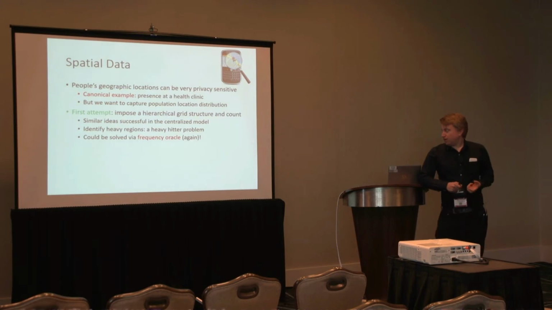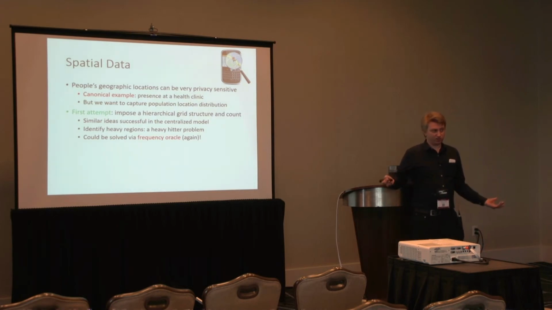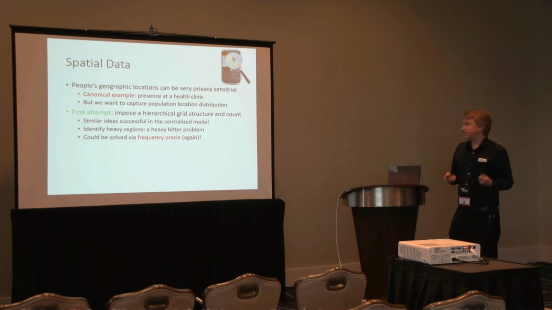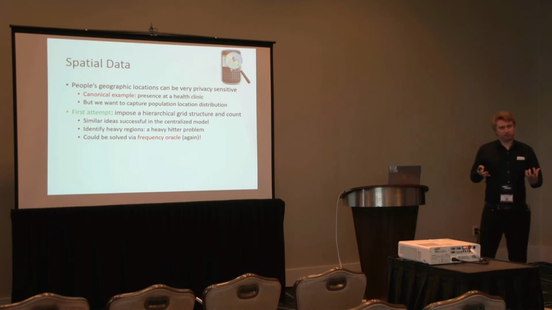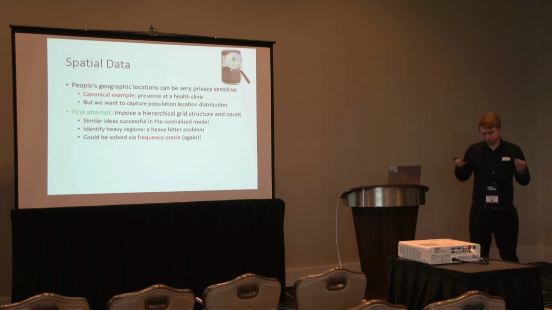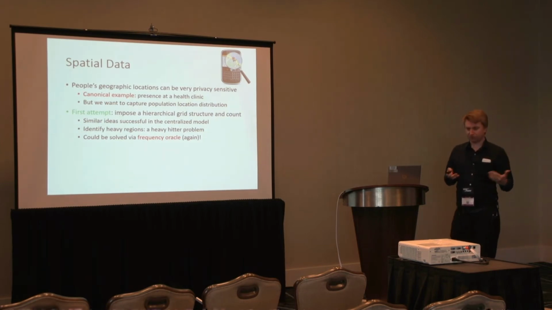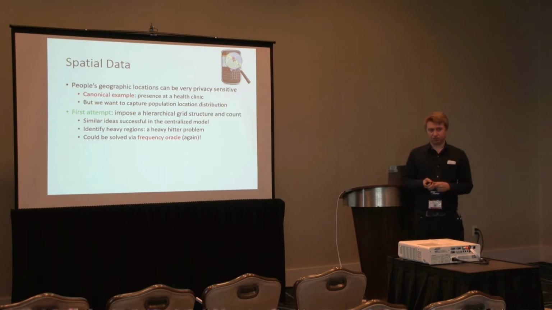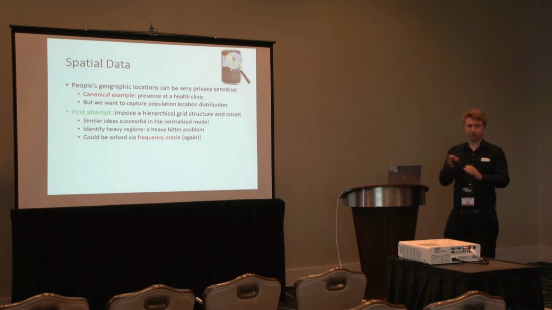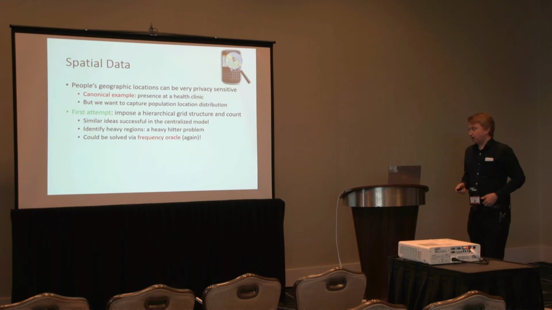And this is something where we can take inspiration from the centralized model. There have been quite a few papers in centralized differential privacy that assume you start off with points in some two-dimensional geometric space. What is the way you would represent that? Essentially, most suggestions involve some kind of hierarchical decomposition of space, either a uniform grid or an adaptive grid.